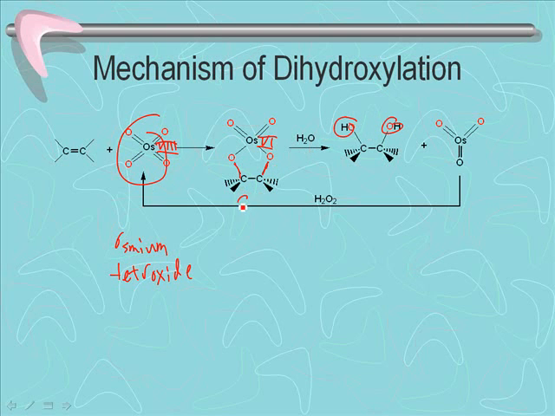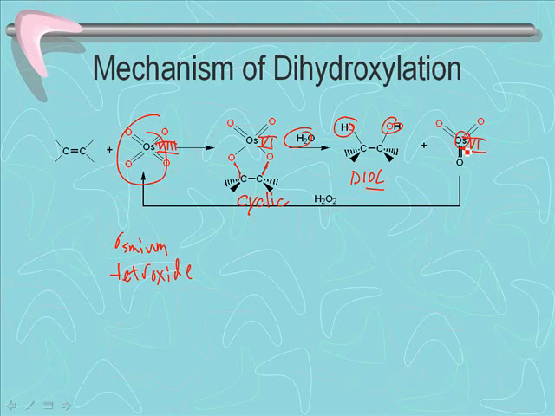This cyclic intermediate reacts with a water molecule to open up the 5-membered ring containing osmium and generate our product, which is a dialcohol, or a diol, the ending meaning the alcohol functional group. And we get a molecule of osmium-6.